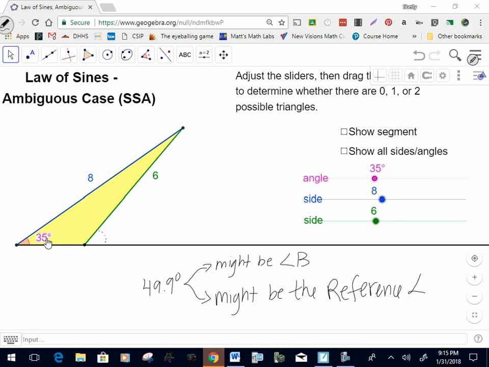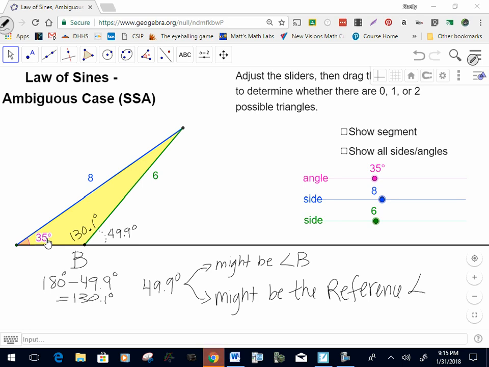It might be giving you this angle here, 49.9 degrees. It might be not angle B, but a reference angle for angle B. So in that case, it's actually possible that instead of being 49.9, angle B is actually 130.1. And I just use the idea that if the reference angle is 49.9, you could subtract it from 180 to get angle B in this case.